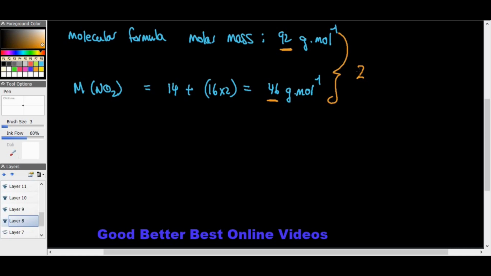So therefore, my molecular formula is 2 times NO2, which gives me N2O4 as the molecular formula of this compound that contains 30.4% nitrogen and 69.6% oxygen.